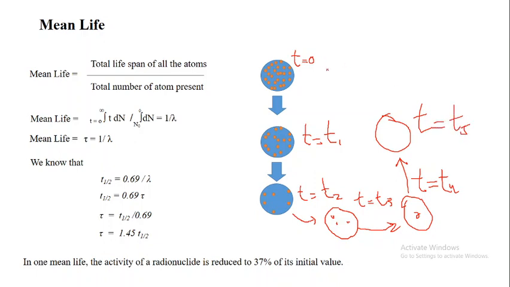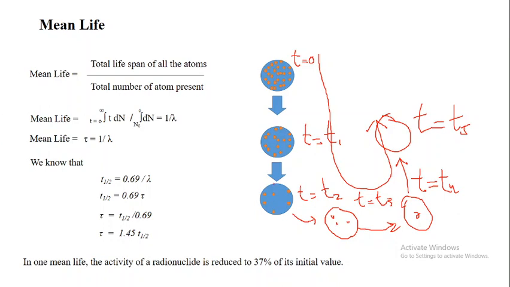So the total time span, from here to here, how much time was taken. This is the total lifespan of all the atoms divided by the total number of atoms present.